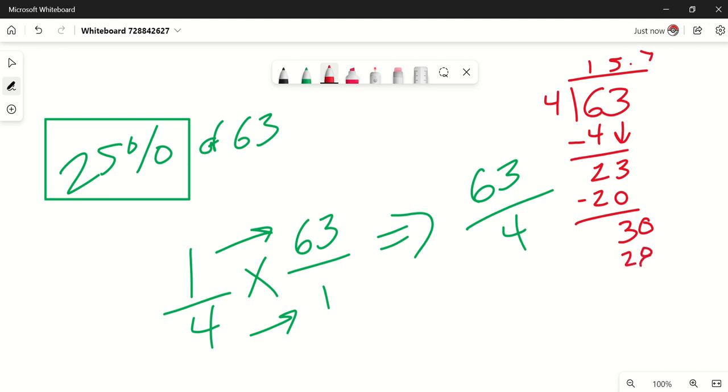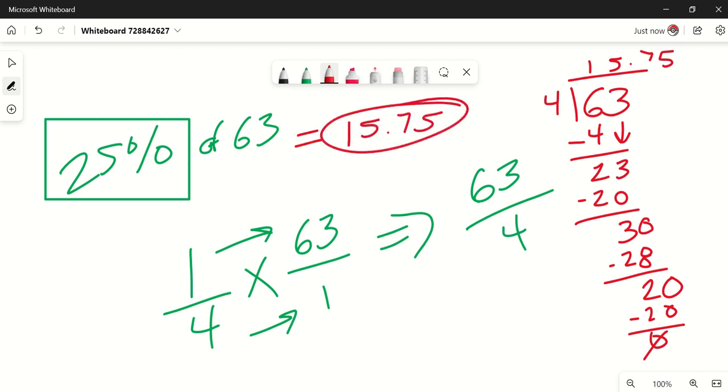That'll be 28. When I subtract, I'll get 2 left over. Bring down a 0. That'll go in 5 times. And that's it. So 25% of 63 is 15.75. And that's 25% of 63.